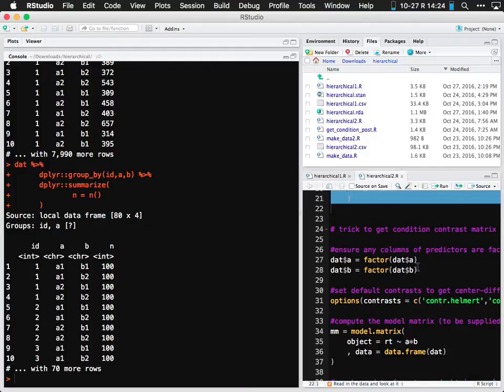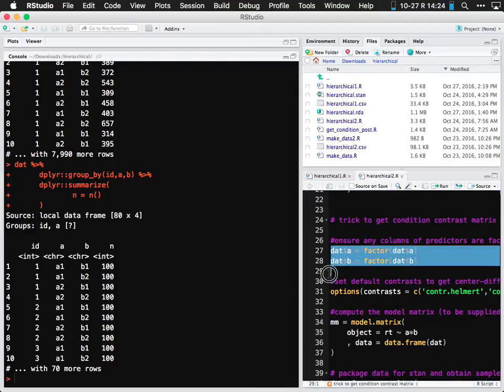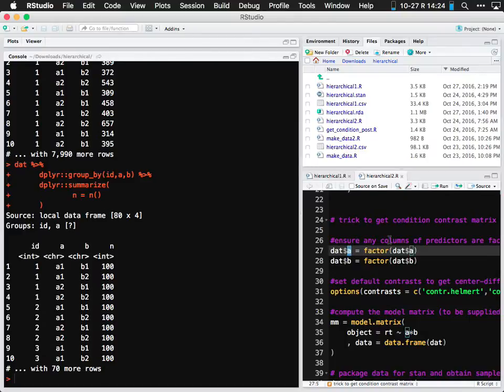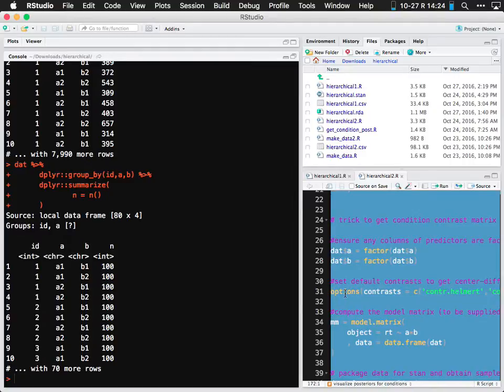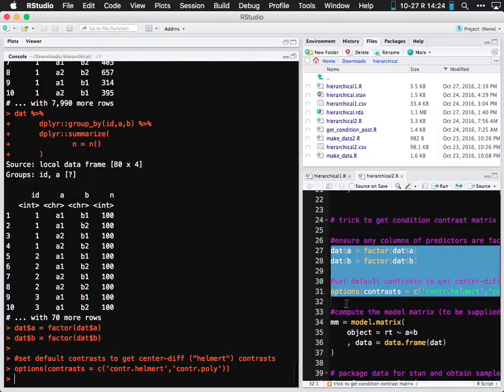This is where that model matrix stuff is going to come in handy, in that we still need to do some stuff to prepare. So we need to make sure that the A column is a factor and the B column is a factor. And we still need to make sure that the contrasts are set to Helmert as the contrast we'll use.